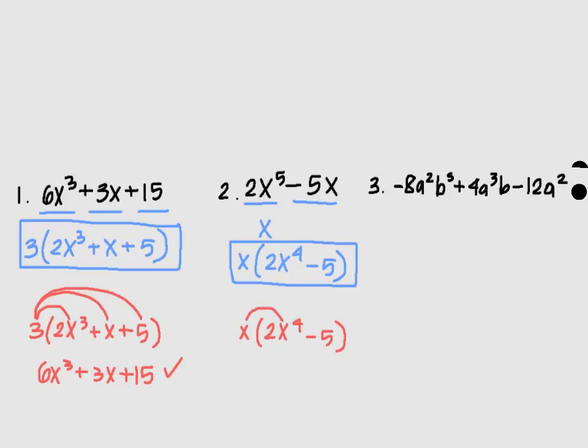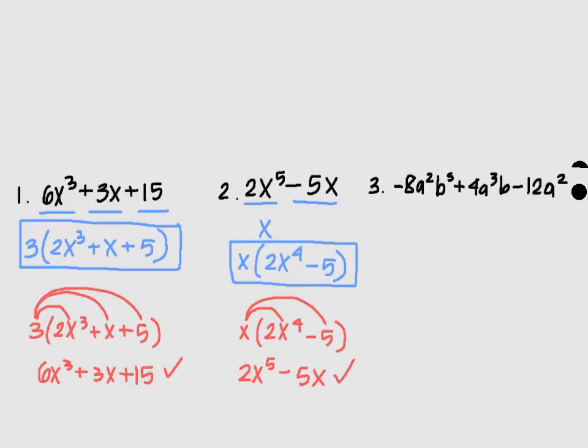So x times 2x to the fourth and x times negative 5, that equals 2x to the fifth minus 5x. Again, just checking to make sure that this is the same binomial we started with. Looks like 2x to the fifth minus 5x is equivalent to 2x to the fifth minus 5x. So our answer is correct.